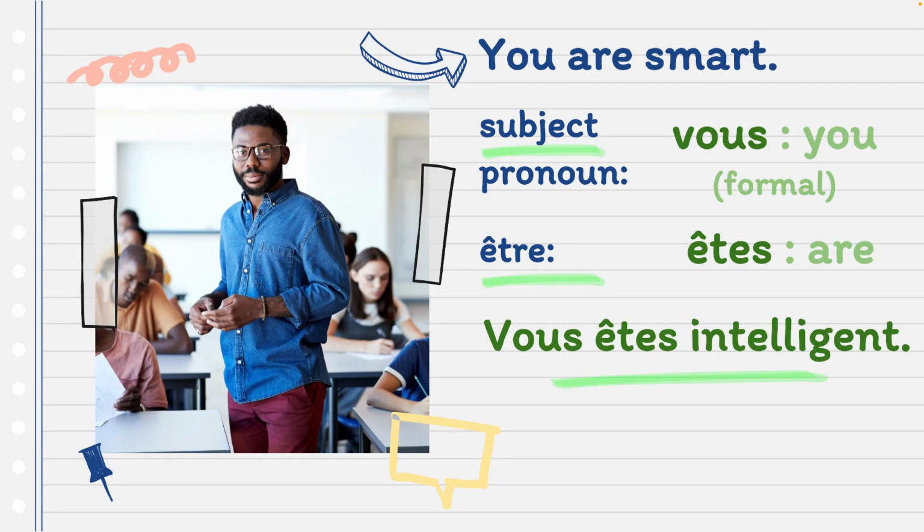Vous êtes intelligent. You are intelligent. If we were speaking to a woman, we could say vous êtes intelligente. We put an E at the end of intelligent. So we don't pronounce the S on vous êtes. We don't pronounce the E at the end of intelligent. So vous êtes intelligente.